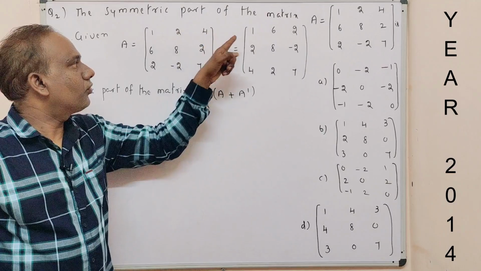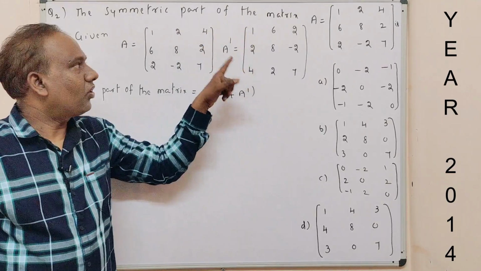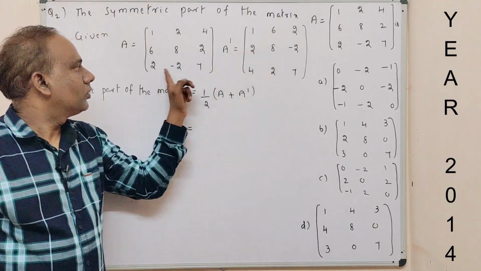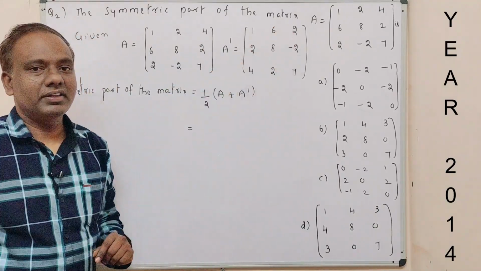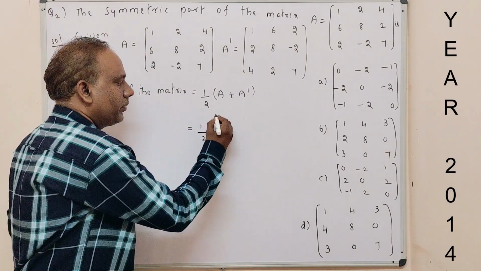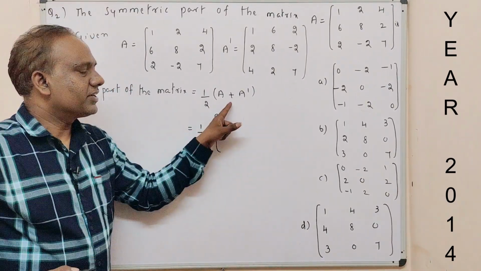It is 1, 2, 4 now. We can write it in the column. So 1, 2, 4 here, 6, 8, 2, 2 minus 2, 7, like that. Now 1/2 (A + A') means addition.